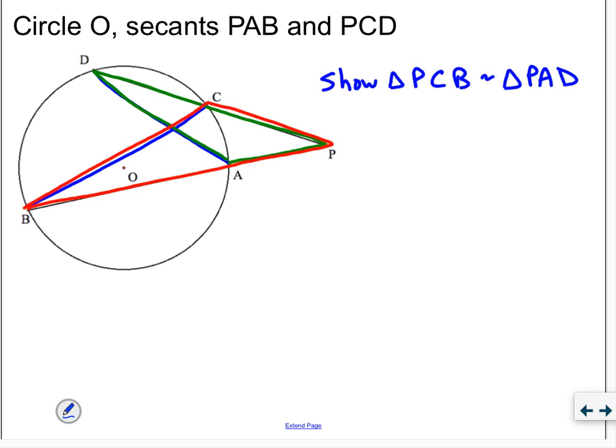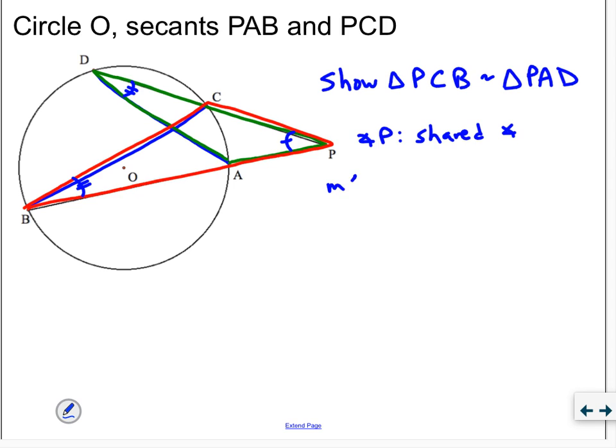So let's proceed the same way. First of all, angle P is a shared angle. Now, similar to the conjecture we did first, do you notice that angle B and angle D are inscribed angles? And they're both inscribed in arc AC.